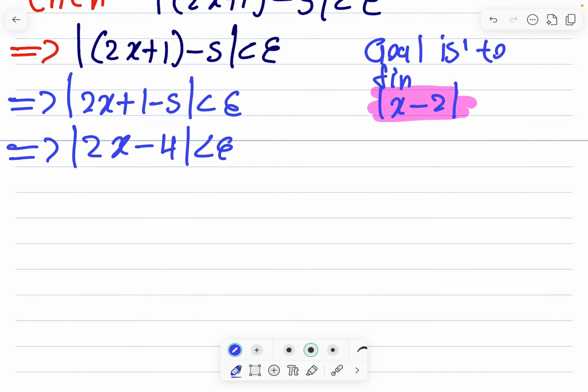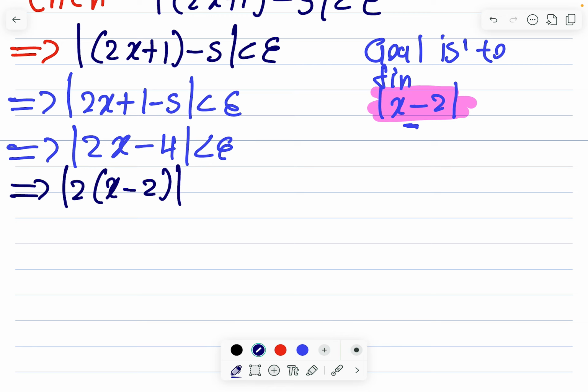You want x minus 2, your goal. How can you find x minus 2? The only way to find this is to remove a common factor of 2. So let's remove the common factor of 2 and see our answer. This implies that the absolute value of 2 times x minus 2, with 2 as a common factor, is less than epsilon.